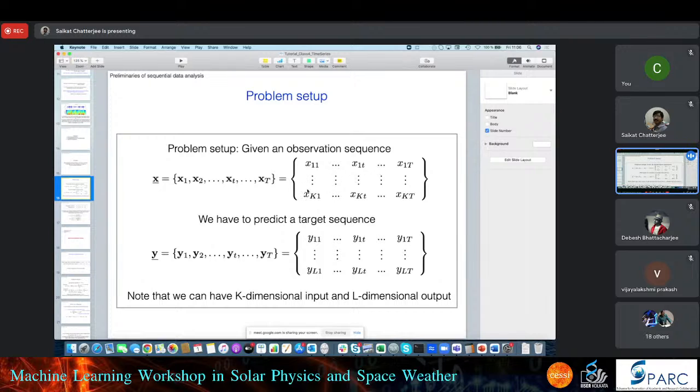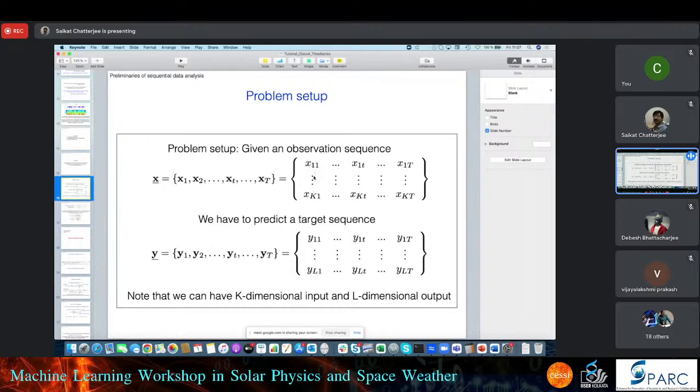Fourth dimension may be what are the prices of rasagollas here? It can be. And then from this, I would like to predict something. For example, in the last class, I was telling you about people's mood over time. Then I try to predict people's mood over time. It can happen.